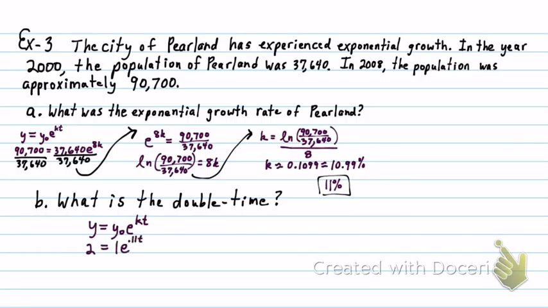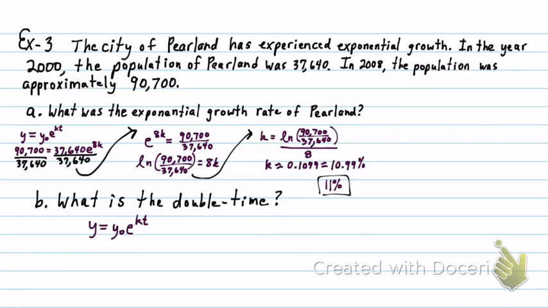Actually, I'm sorry, in this case, let me go ahead and stop this for just a moment. Alright, so I had to fix a mistake. So we have y equals y naught times e to the kt power.